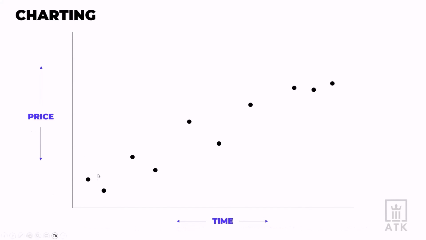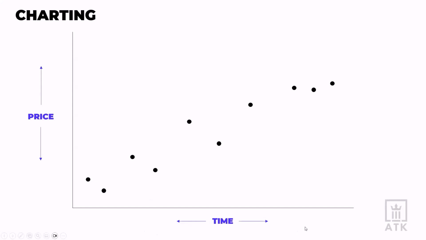And so at a certain time, what the charts do is record what the price was at that time. So if I was on a 5-minute chart and the 5 minutes passed, the chart would record the price when that 5 minutes closed, and then it would record the price when the next 5-minute closed.